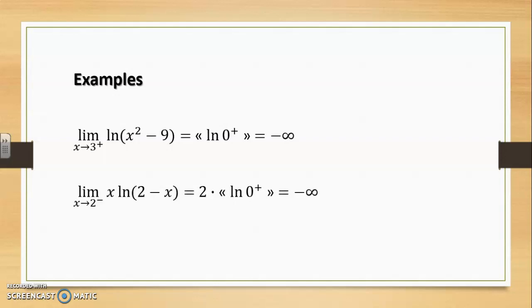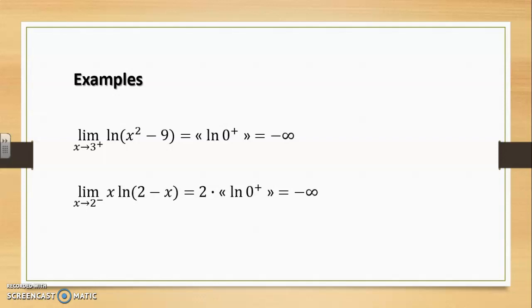As a second example, we are making x approach 2 from the left this time, and applying this limit to the function x times ln of 2 minus x. If we were to do direct substitution, the x acting as the coefficient of ln of 2 minus x is simply becoming 2 or heading towards 2.